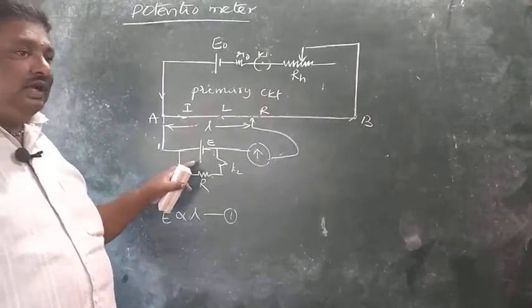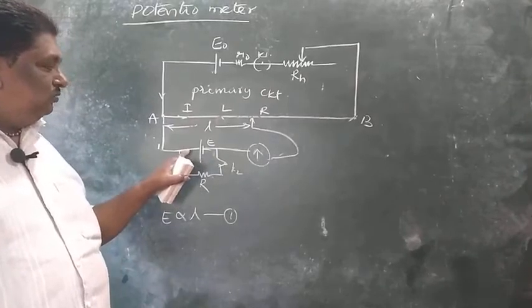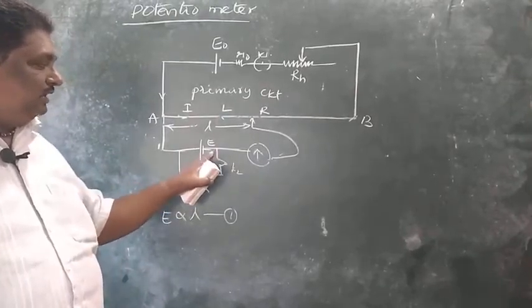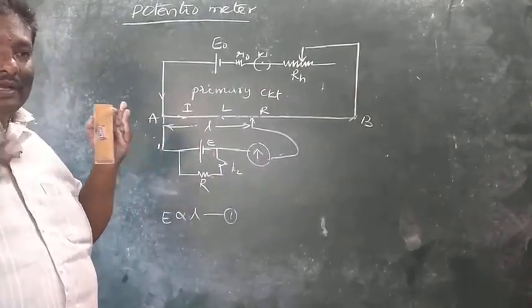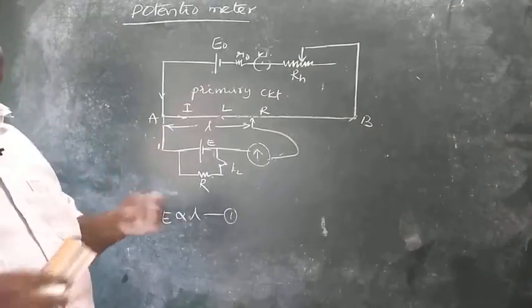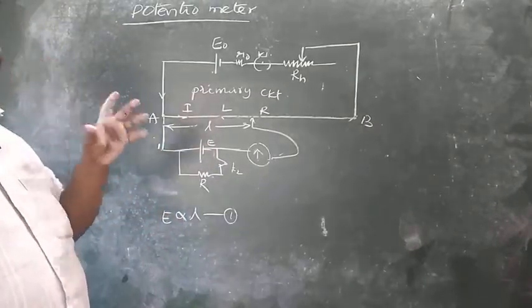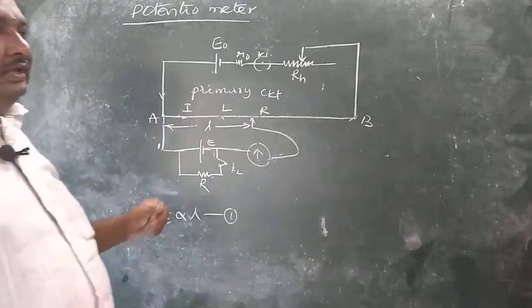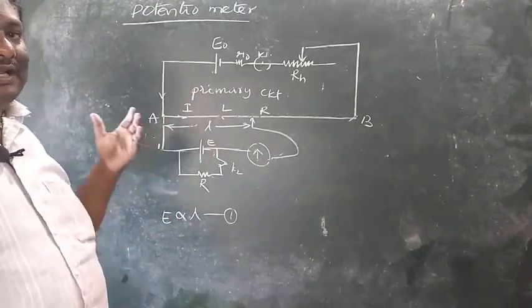We have discussed already that when no current is drawn from the cell, the cathode and anode are fully charged with particles, and high voltage is available. That open circuit voltage is called EMF.